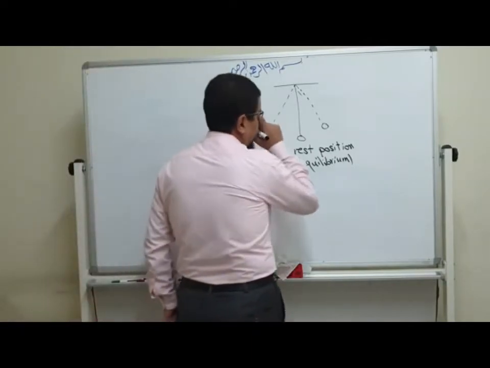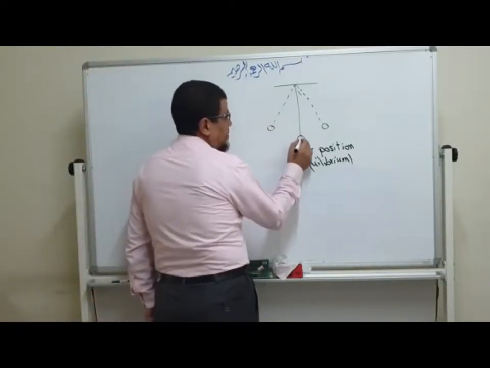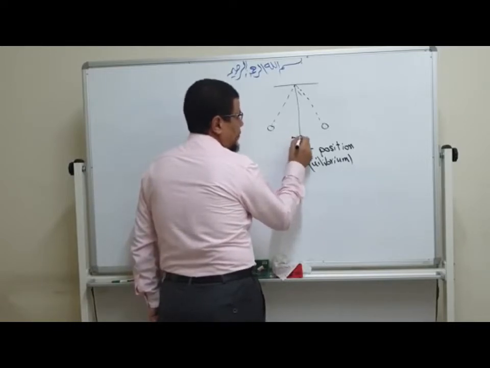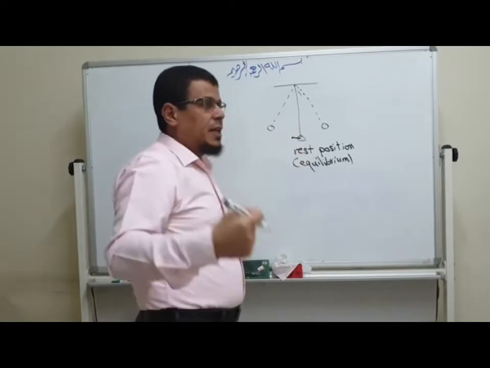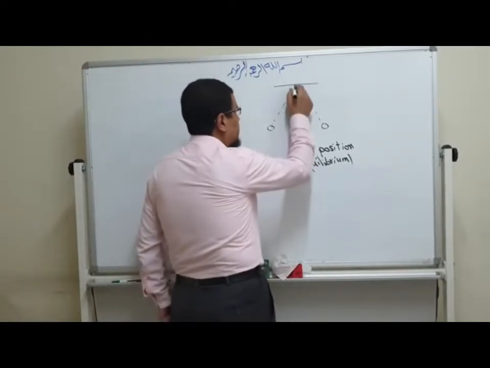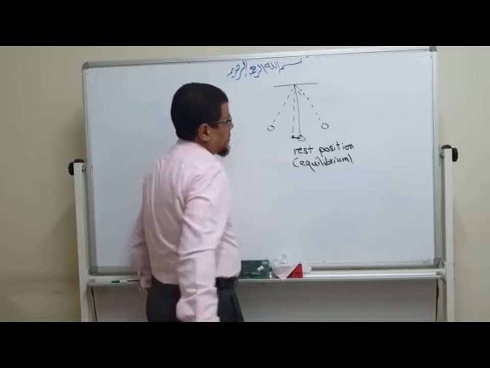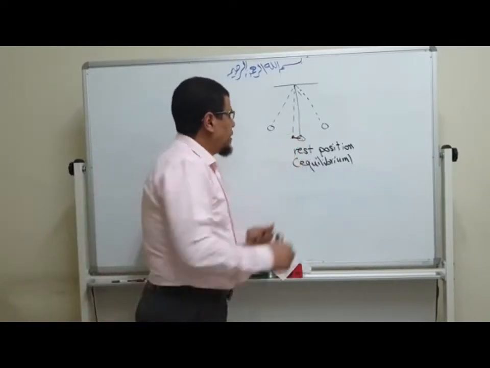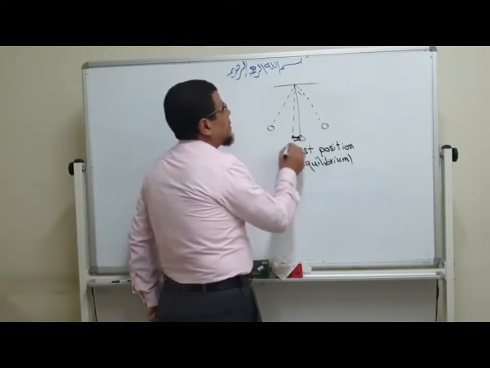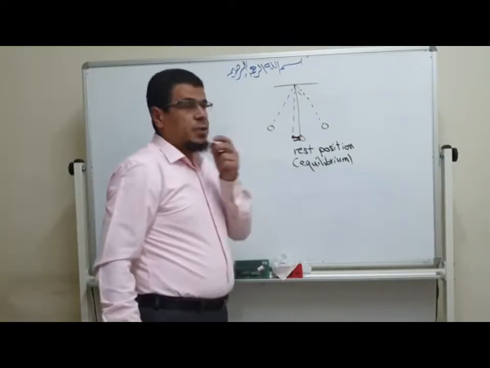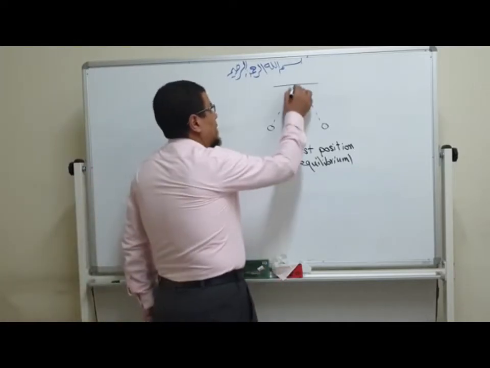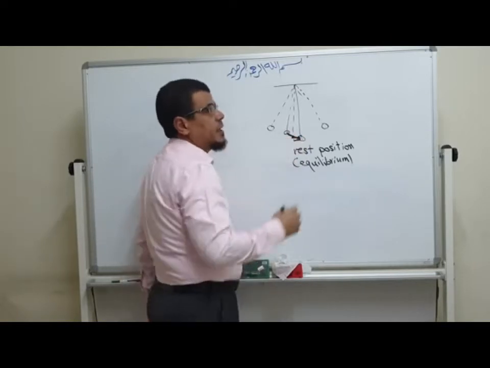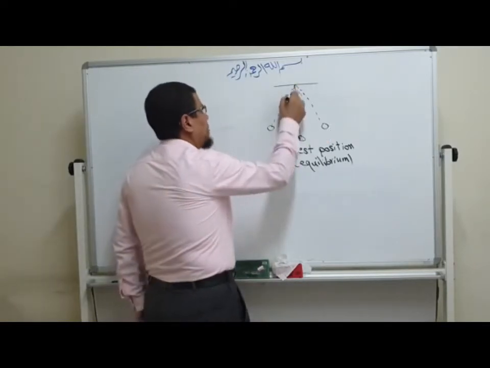Look here. This pendulum moves from here to here, for example. At a certain time, it moves from this position to this position, and this position is away at a distance from the rest position.